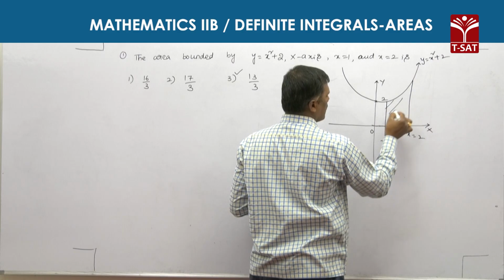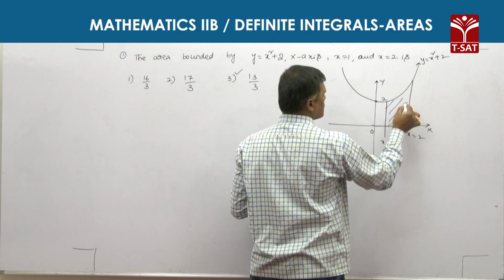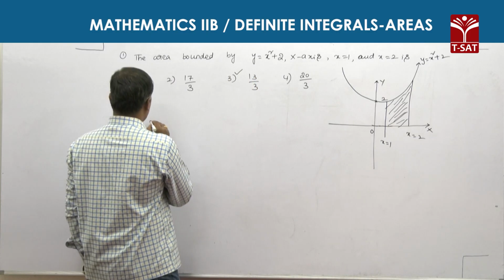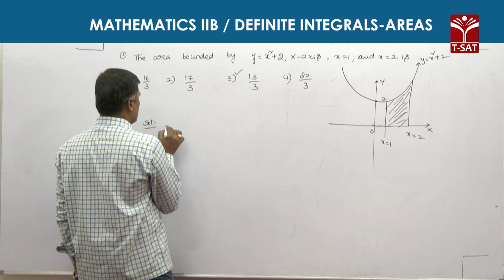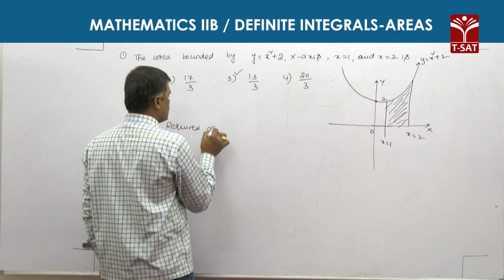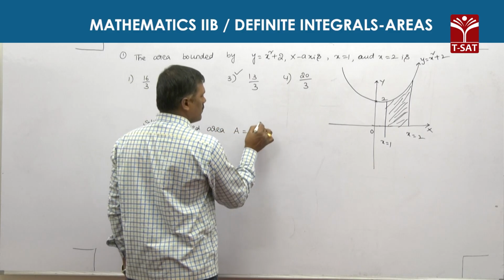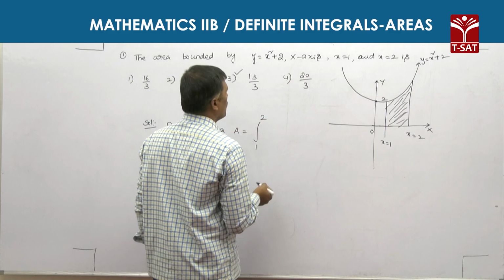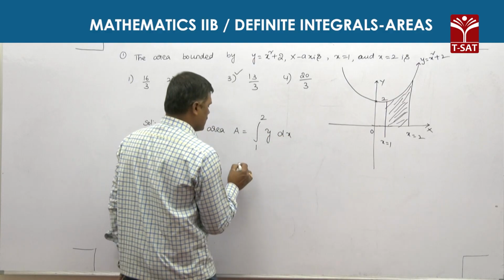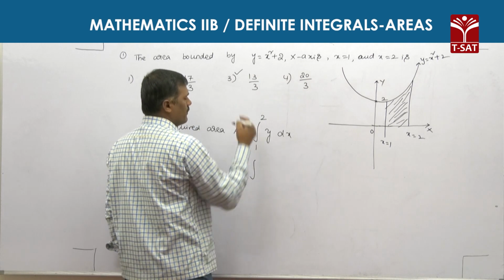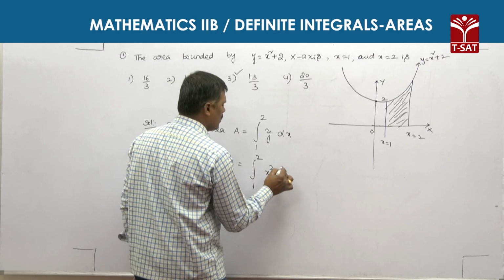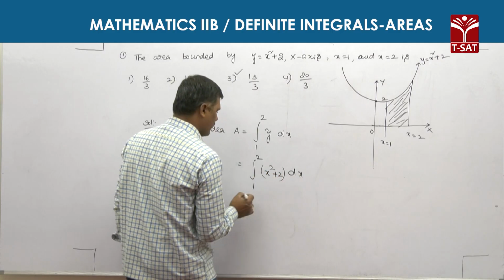To find this area between x is equal to 1 and x is equal to 2, therefore the required area solution: A is equal to integral of 1 to 2 of y dx, that is equal to integral of 1 to 2 of the given function f of x, x square plus 2, into dx. Now find its integration.